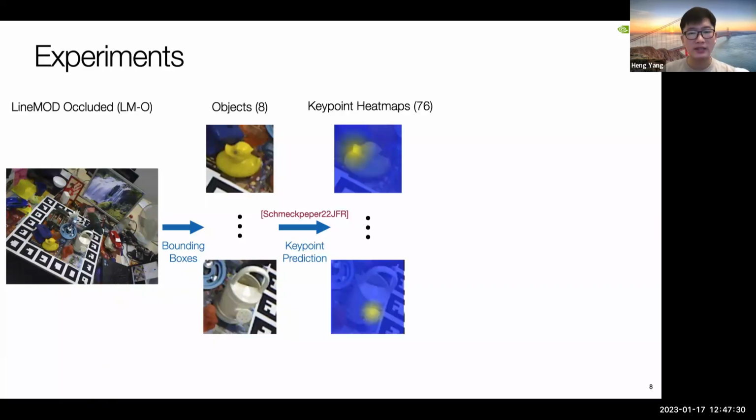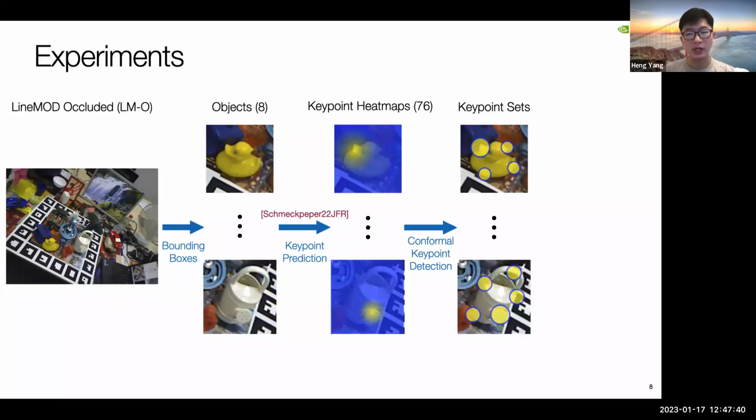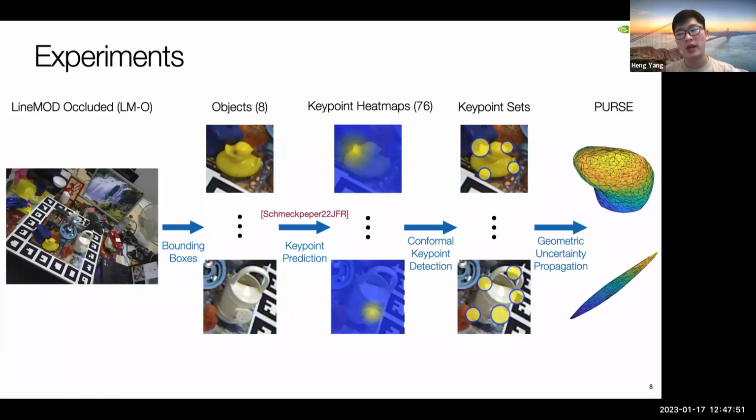Then we can generate these keypoints, so you get the keypoint heat maps. Of course, these keypoint heat maps can be arbitrarily wrong, so that's why we apply this conformal machinery. We generate a bunch of balls, the yellow balls, that with 1 minus epsilon confidence will contain my ground truth keypoints. Then you do the geometric uncertainty propagation and evaluate our error bounds.